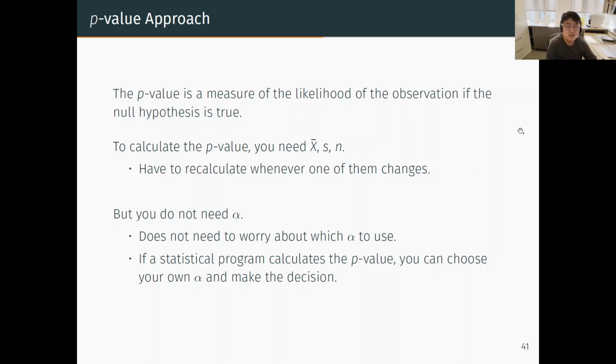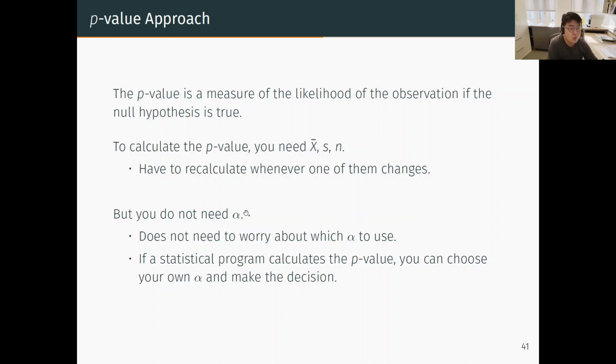Alpha is your choice. So in most cases, if you enter data into statistical software and run a hypothesis test there, it only gives you the p-value, because comparing it with alpha is your job. It's your choice and it's easy enough.